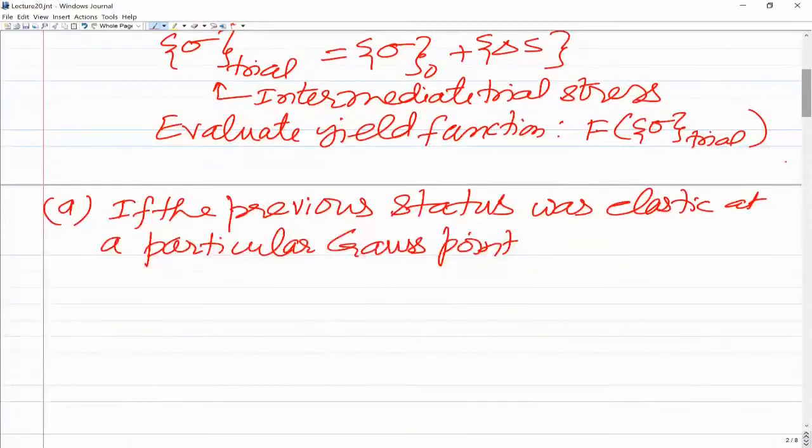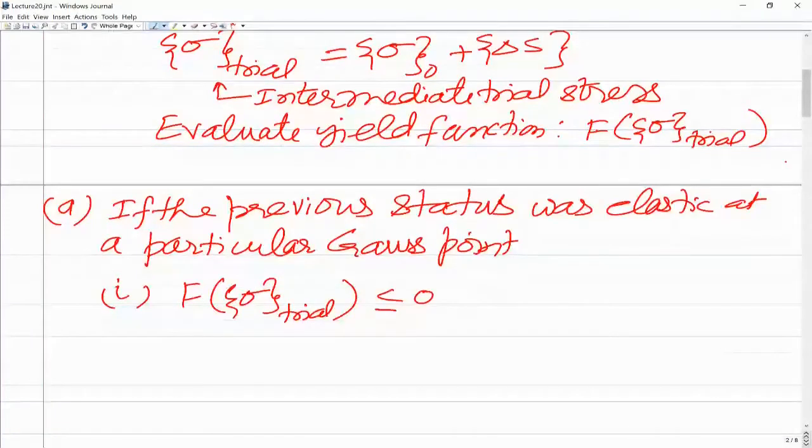So now there can be two possibilities again in this. Number one is that when you calculate this F of sigma trial, this comes out as either less than or equal to 0. So previously the point was elastic, and currently also when we evaluate the yield function, that is either less than 0 or equal to 0.